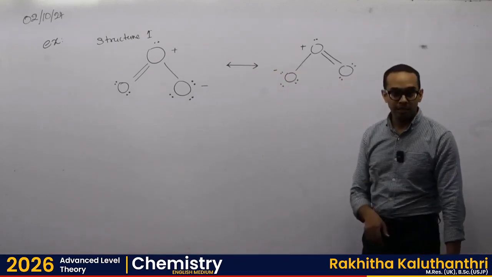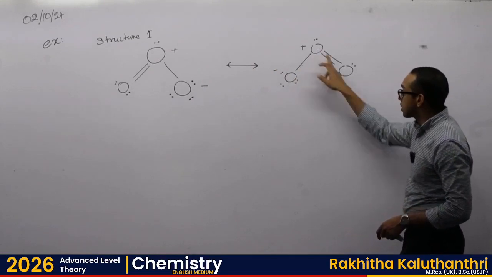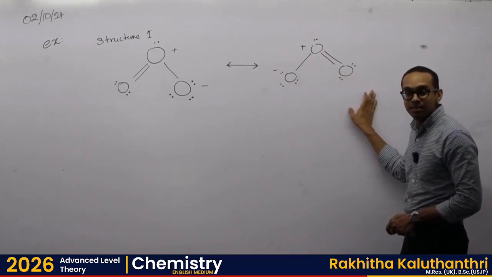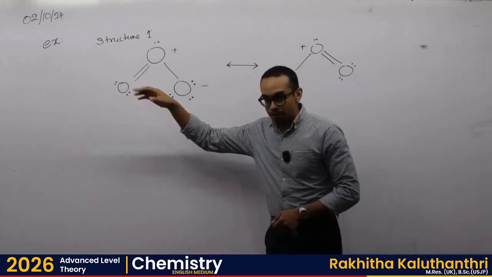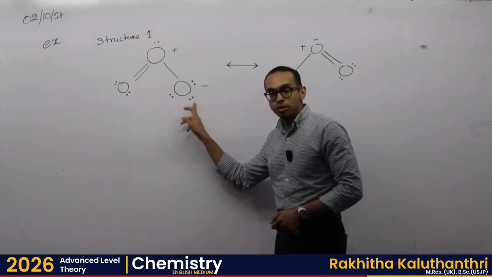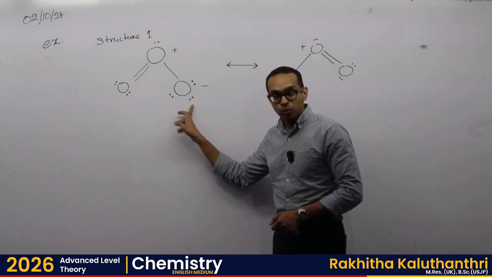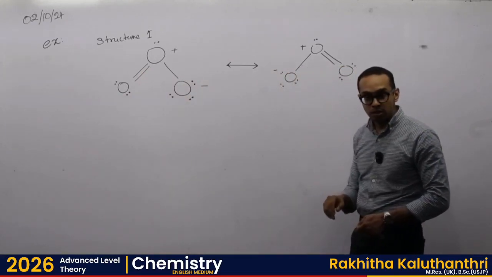Some of you will draw the double bond between the central oxygen and the oxygen on the right hand side. Obviously these oxygen atoms are identical, but this is one oxygen, this is another oxygen. Clear? So we can have the double bond with this oxygen or this oxygen.